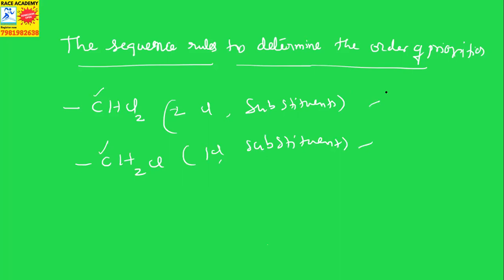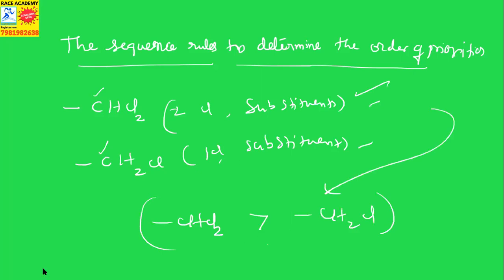So we will give priority to this more substituted one. Higher priority will be given to CHCl2 rather than CH2Cl. So this is the priority order for this one.